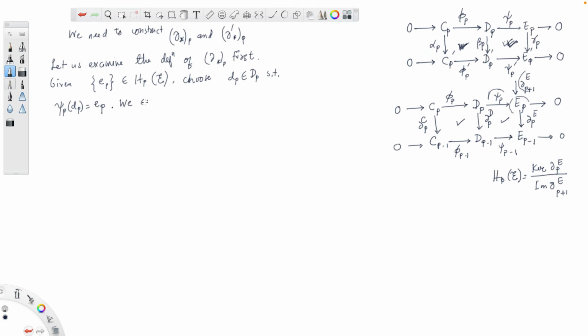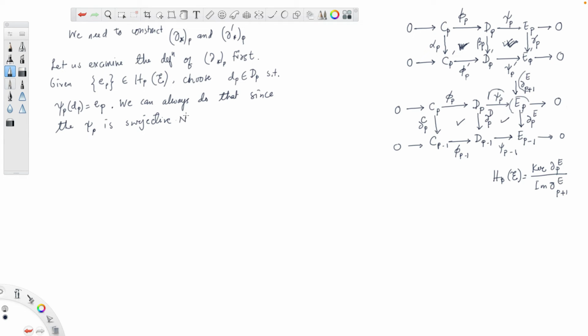We can always do that since the map psi_p is surjective.